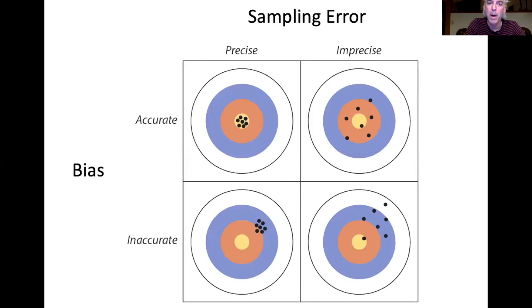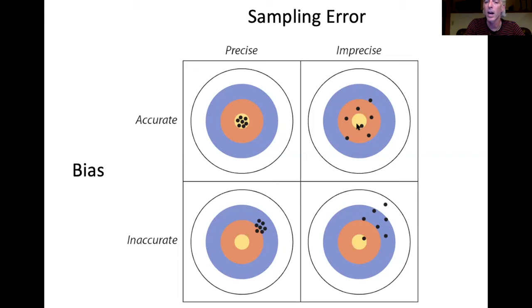We can combine bias and sampling error together into this 2x2 plot. In the top left panel, we have samples that are both accurate and precise. That is, they're very consistent and centered around the true population estimate. In contrast, we can have high sampling error with imprecise measures that are very inconsistent and deviate quite a great deal from the true population parameter, but not in any consistent way.